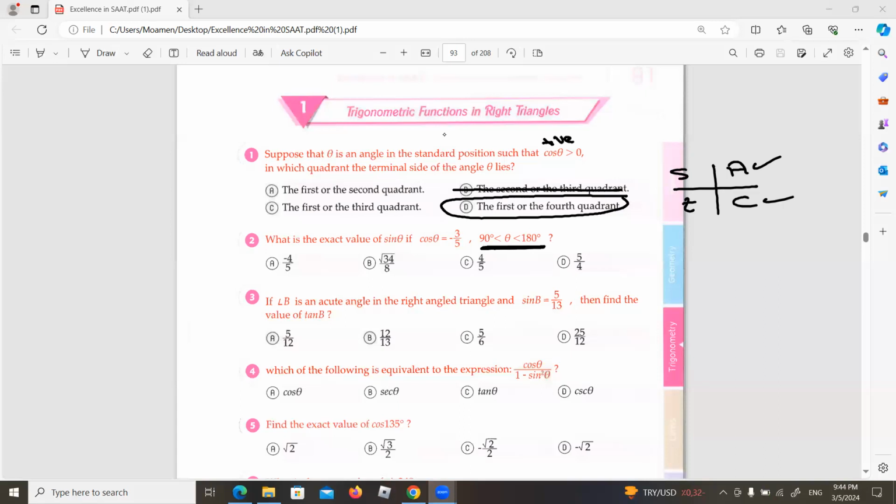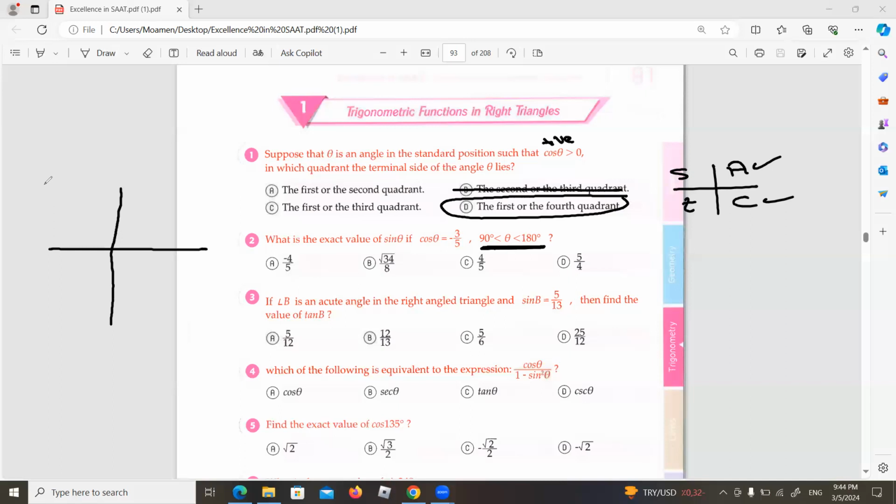Okay, I know it's a sine. I need the sine. What is the sine theta if the cosine is given? Okay, pay attention. We have two ways to solve this problem, but we will talk about the common way. Just draw like this.